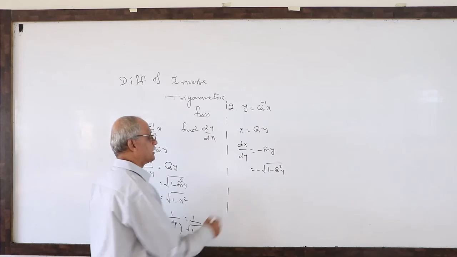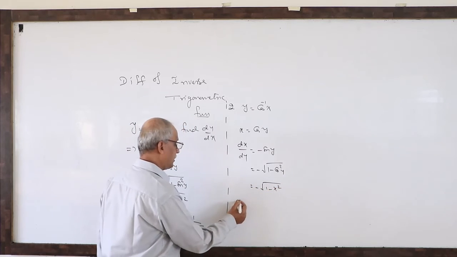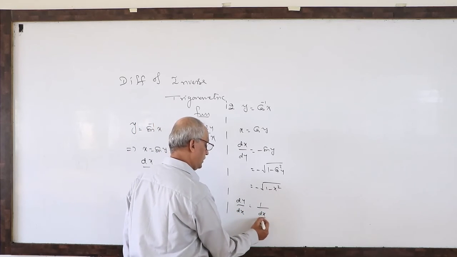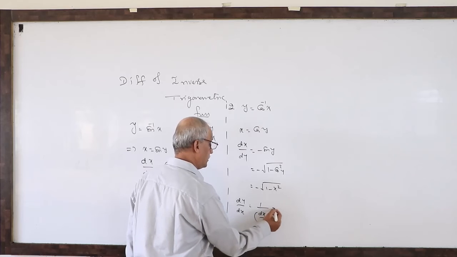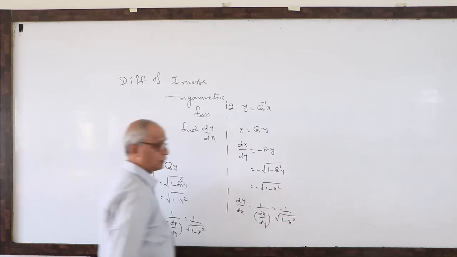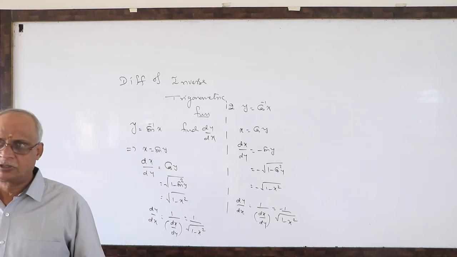Now, what is cos y here? x. Now we want dy by dx again, which is 1 by dx by dy, and hence minus 1 by root of 1 minus x square. All these problems, important formula. The same differentiation we are getting in integration, the reverse process.